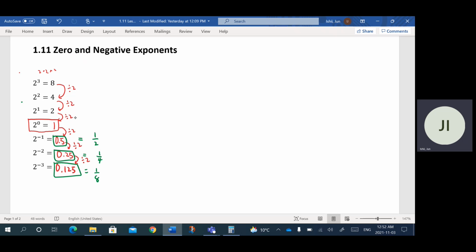So when we divide by 2, we get these fractions. I want you to realize that 1 over 2 is 1 over 2 to the first power. What about 1 over 4? Well, 4 is a power of 2, see up here, 2 squared. This is 1 over 2 squared. And then 1 over 8 is 1 over 2 cubed.